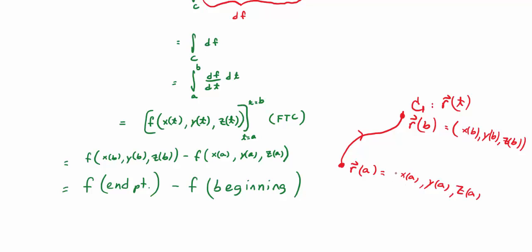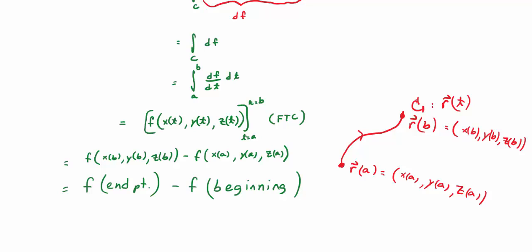So what we're saying here is pretty trippy if you think about it. We can evaluate this line integral over C, not worry about what happens in between the beginning point r of a and the ending point r of b. It doesn't matter. This integral is independent of path.